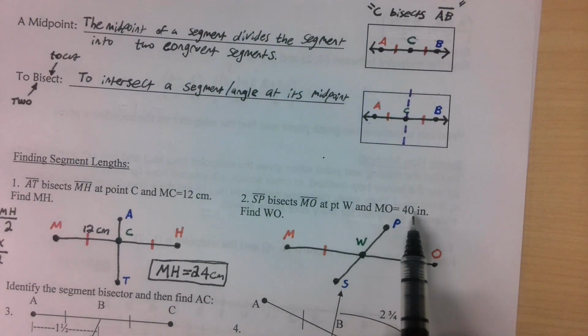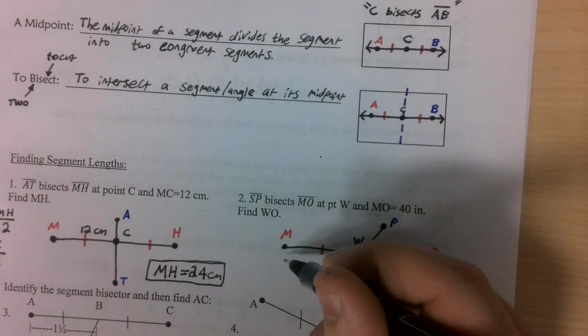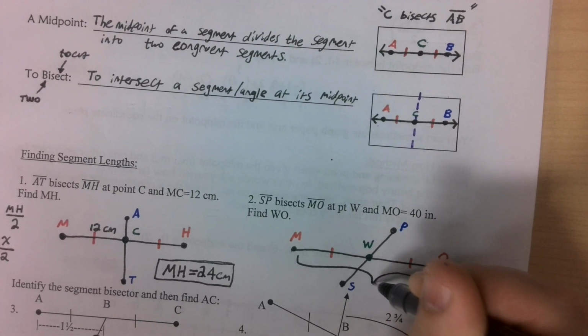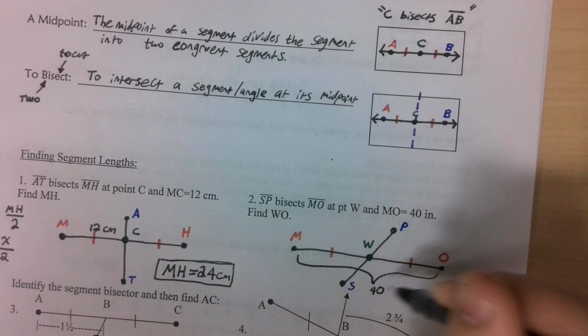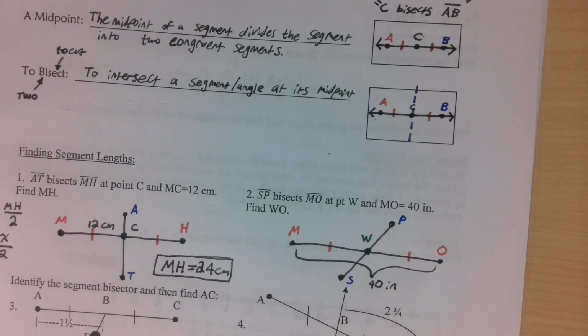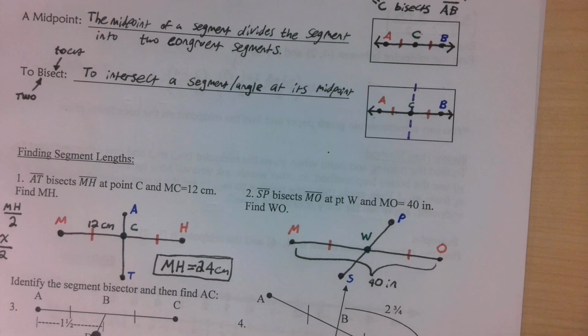If the entire length of MO is 40, so this entire thing here is 40 inches, what would be WO? Well, we know that WO is half of MO.